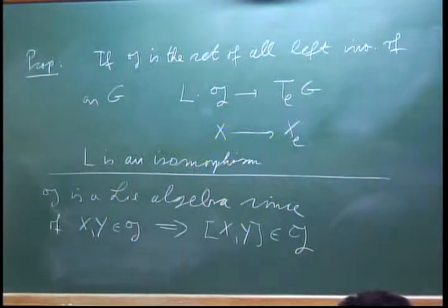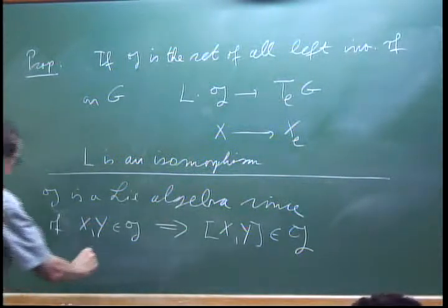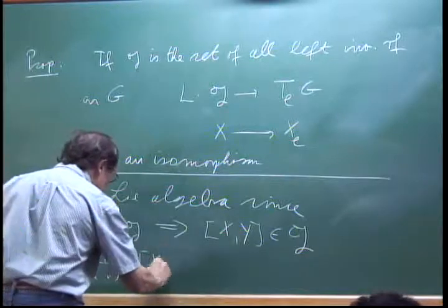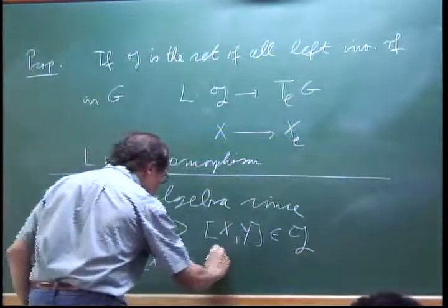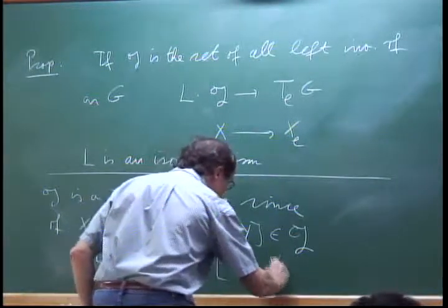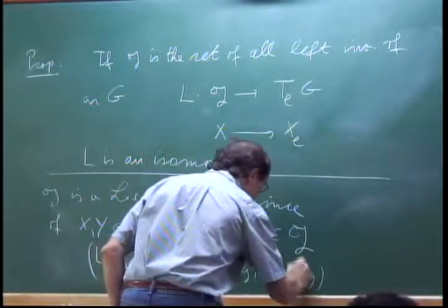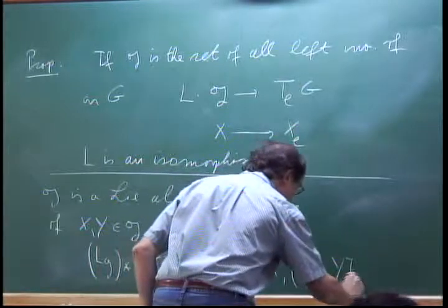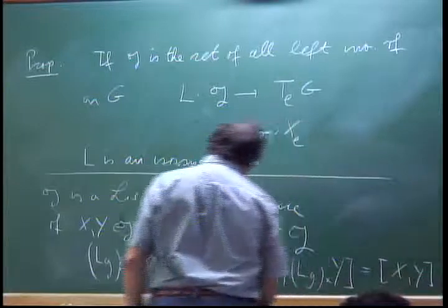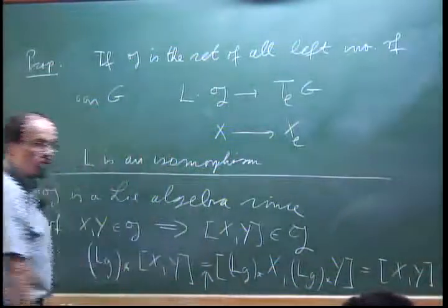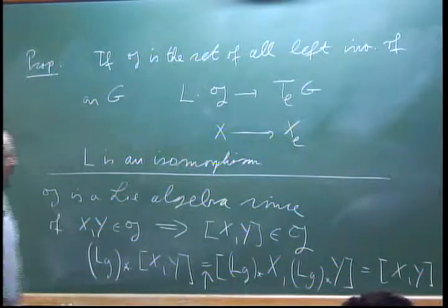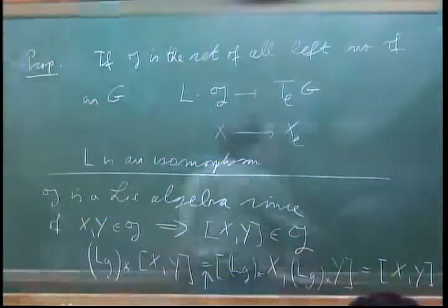This is just due to one of the properties of Lie brackets, that L_g star of the Lie bracket is the Lie bracket of the L_g star, for any diffeomorphism. And that's [X, Y]. So this equation here is the usual kind of equation for Lie brackets. So I got a Lie algebra. Associated to every Lie group, I have a natural Lie algebra.